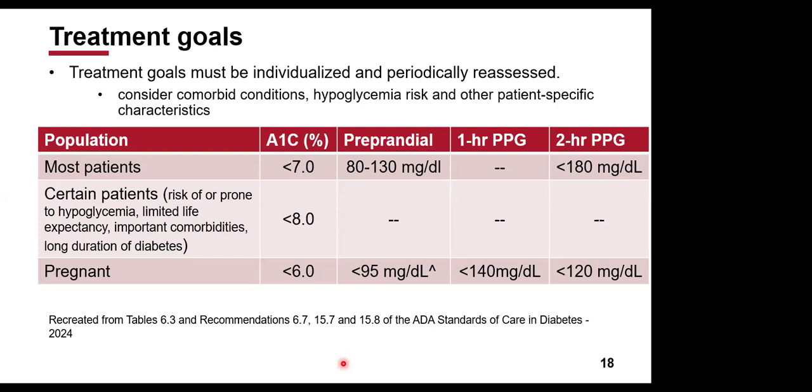And then for pregnant patients, we need to be more stringent. Usually anything less than 6 is what is desired, but we need to be careful. We need to do that putting into context that we may also cause harm to the patient and their unborn child.